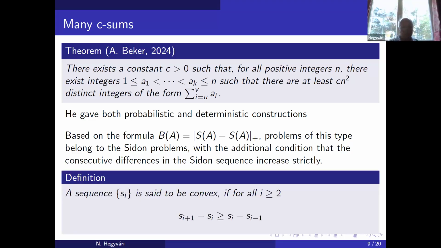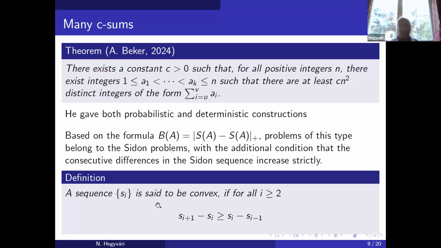Okay, so here, if you take that the consecutive elements of A form a strictly increasing sequence, then clearly the partial sum S_A is a convex set.